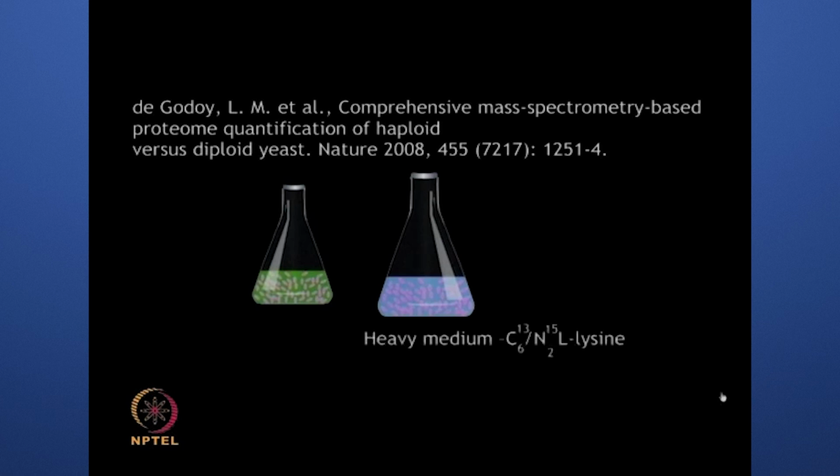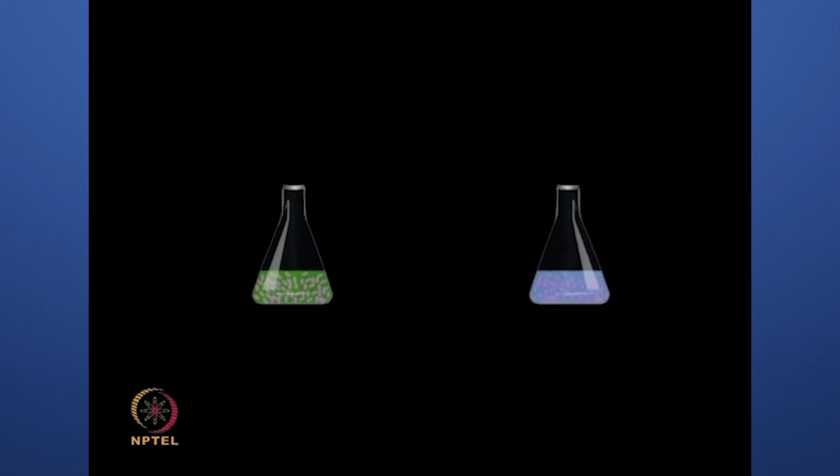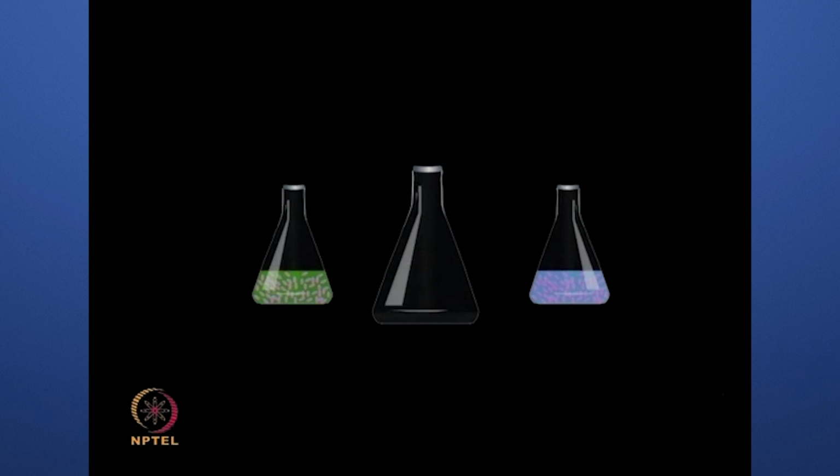The study was published in Nature in 2008, a comprehensive mass spectrometry-based proteome quantification of haploid versus diploid yeast. The labeled lysine residues were used to grow the diploid yeast cells, while the haploid cells were grown in normal lysine medium.